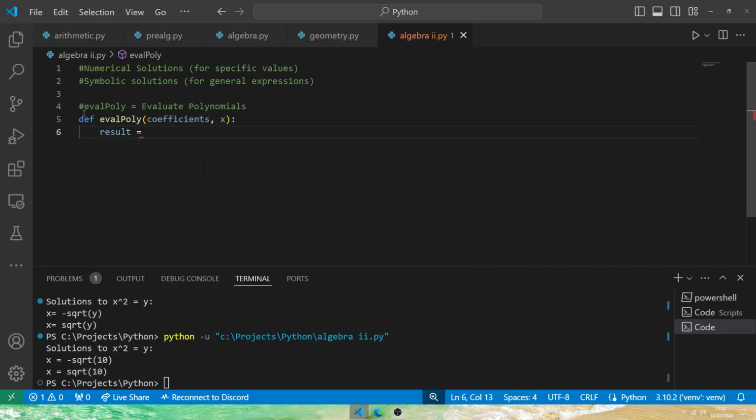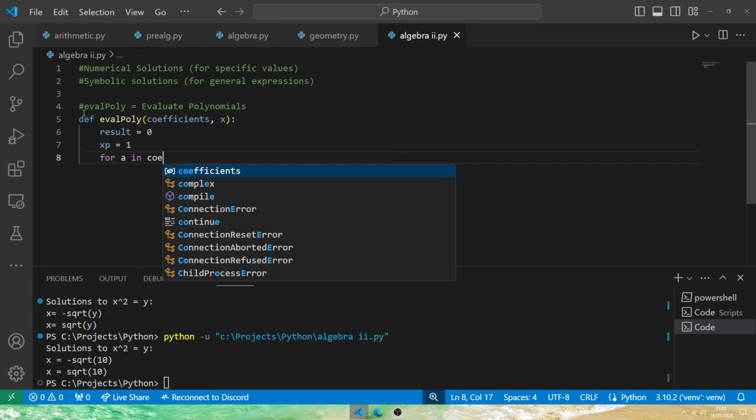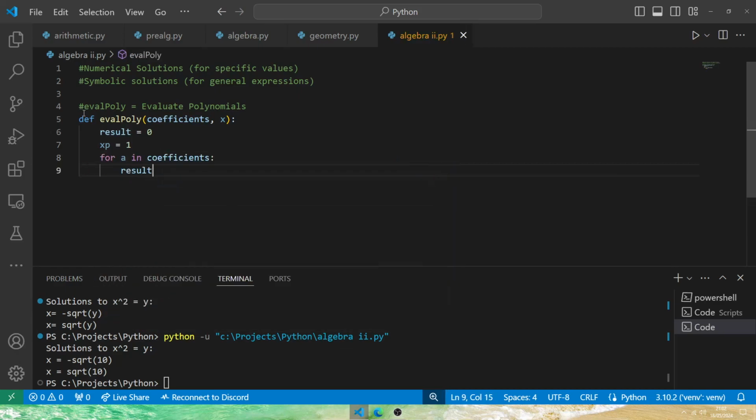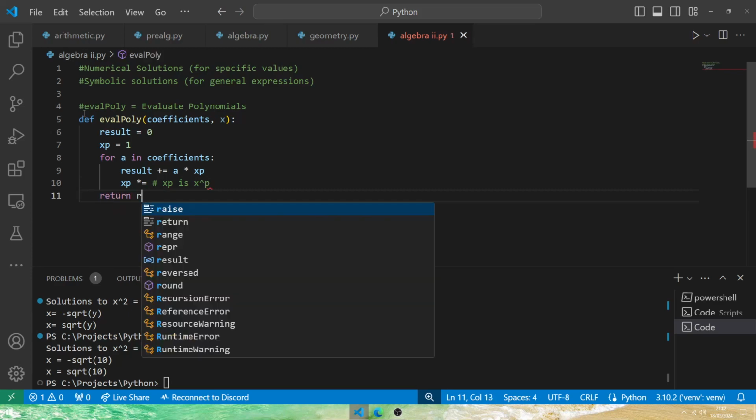So we'll do result equals 0, and xp equals 1. For a in coefficients, result is going to add a times xp, and xp is going to multiply by x. So this is pretty much saying that xp is the same as x to the power of p, and we can return the result.